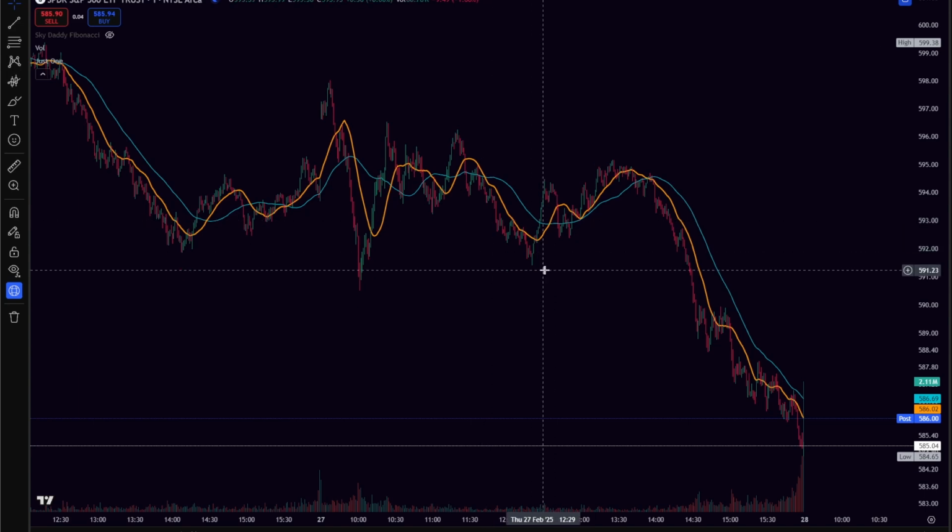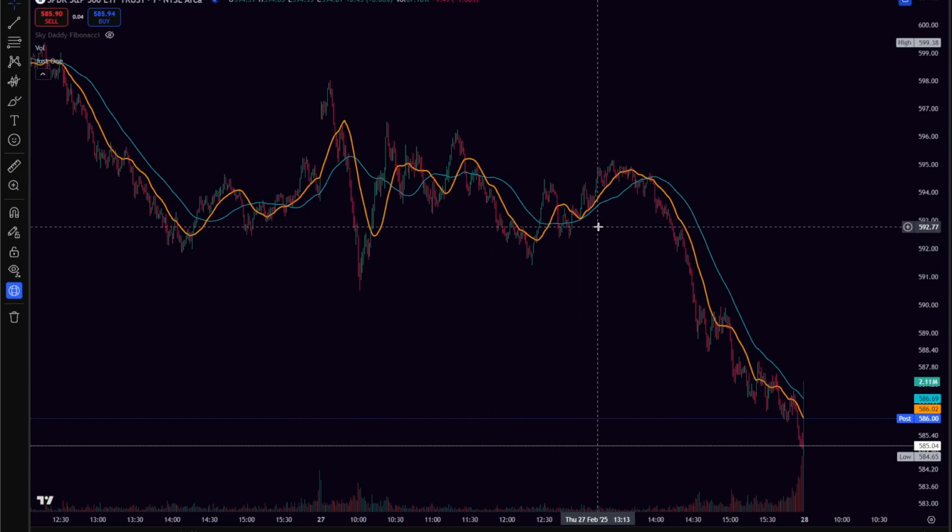So I like using the 20 and the 50 simple moving average behind the 8 and the 21 on the front line. When you're playing a trend, that's your last area of defense within the trend. And that's how I like using them in particular.